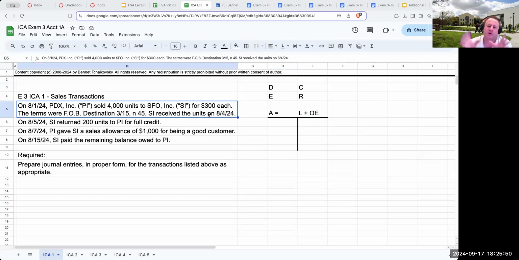Now, with sales transactions, one of the things you're going to see is that we waited for the first two exams that I traditionally give. The first exam is just to get you used to preparing financial statements. The second exam generally helps you with adjusting entries.